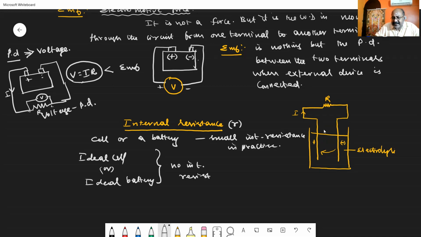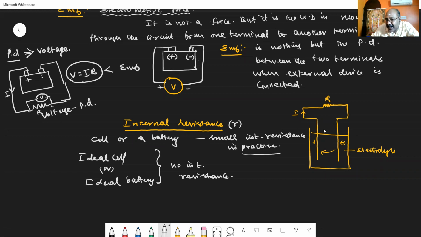Ideal means when you consider it theoretically, there is no internal resistance inside a cell or a battery. But in reality or in practice, there is a small internal resistance available inside the cell. From where that internal resistance comes, I have explained.